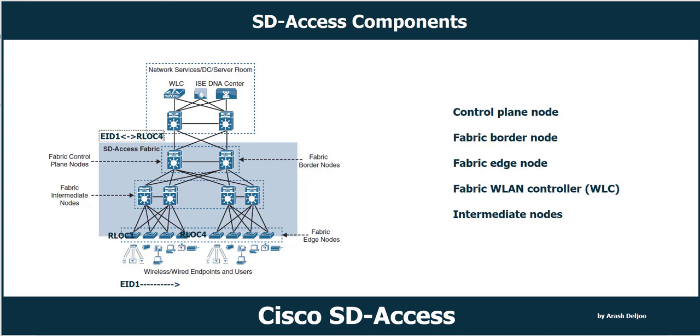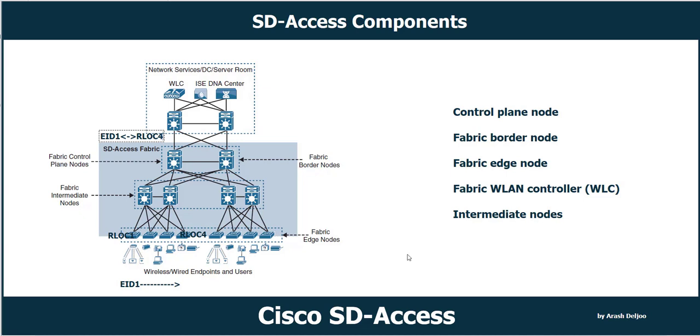Okay. The control plane receives registration from the fabric edge or border node. Border node for external communication. Okay. Don't worry about it now. For non-EIDs and non-EID prefixes from wired endpoints and from the fabric mode wireless LAN controller for wireless clients.